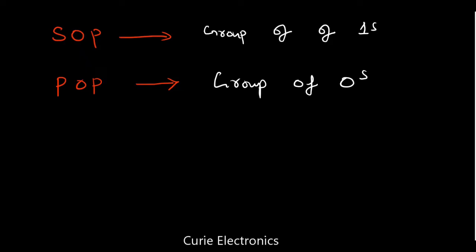Then we come across some terms. What is a pair? A pair means a group of two ones, or two zeros.